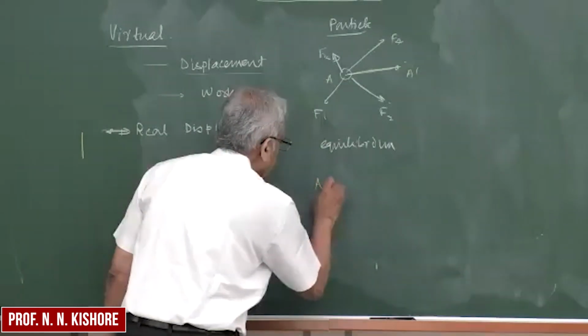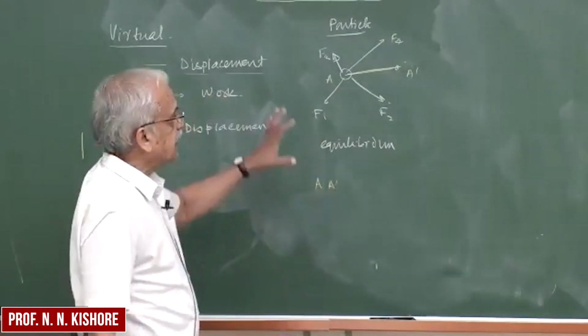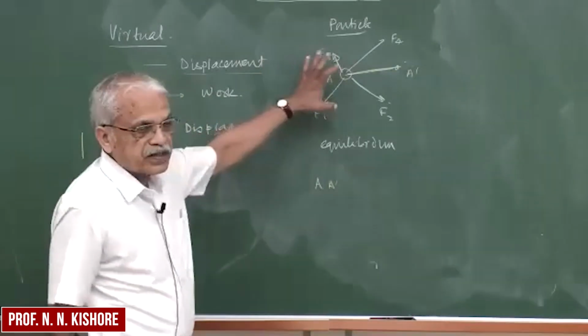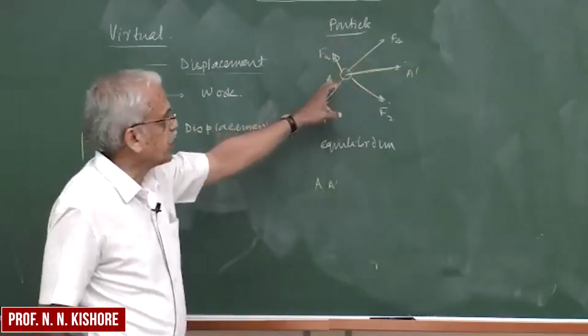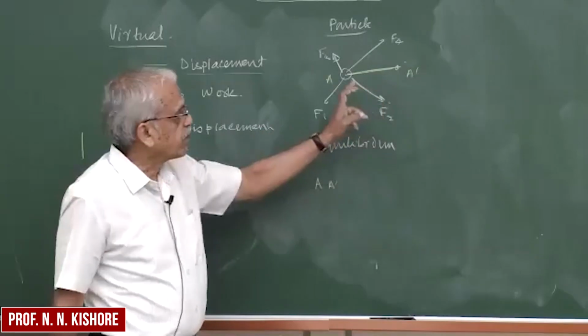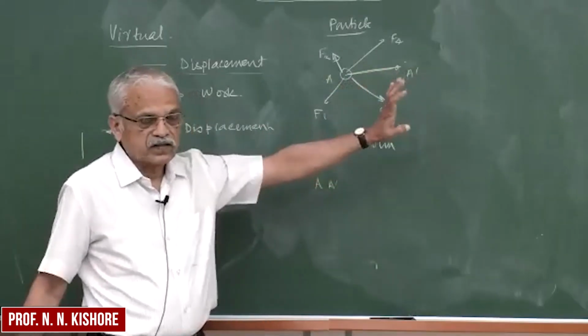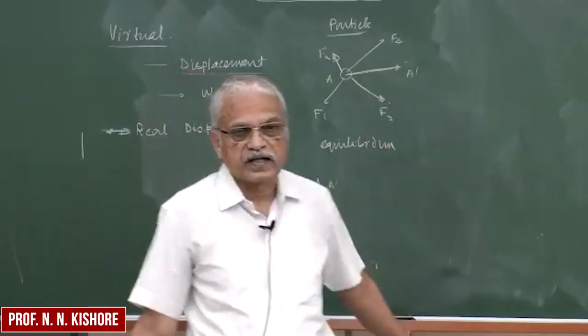Here AA prime is not real, in the sense that the particle is not actually moving to a new position. There's no motion. It is under equilibrium.